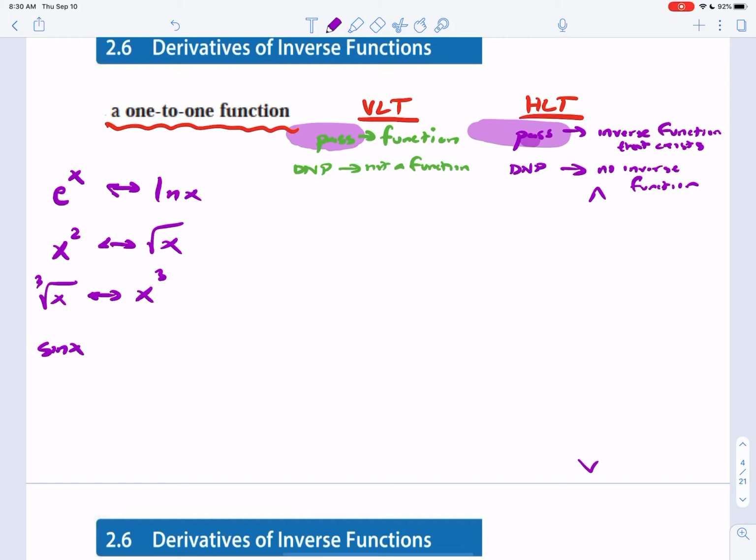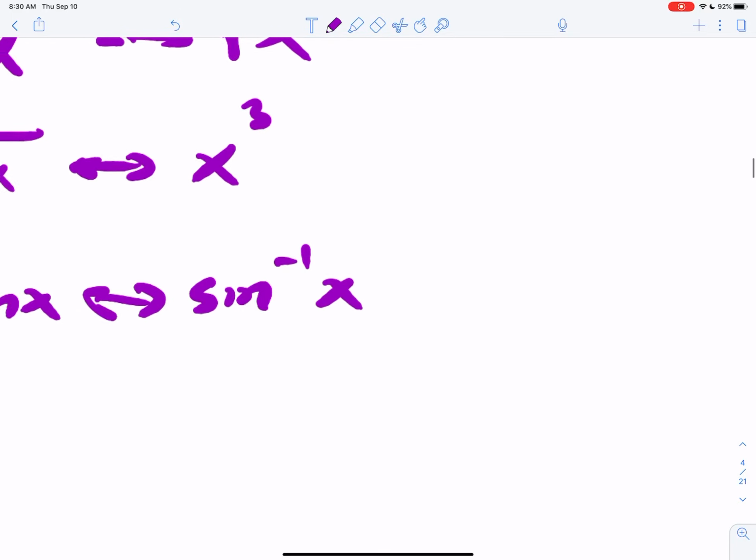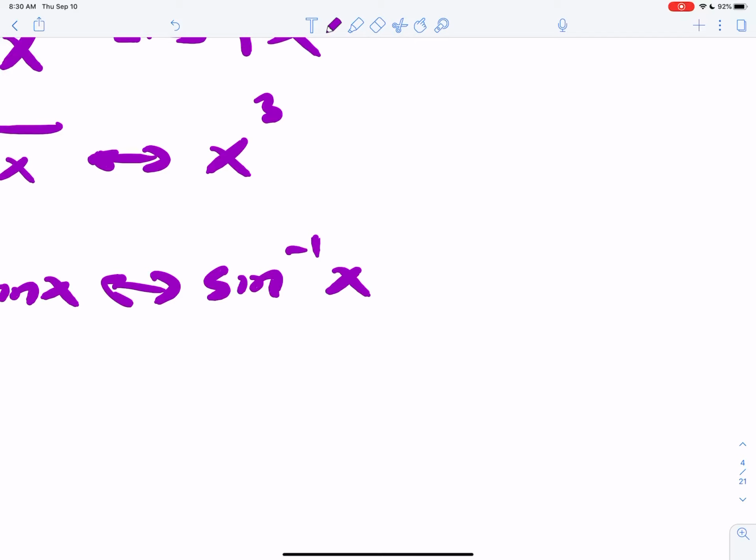The inverse of sine is sine inverse of x. When it looks like an exponent of -1, you don't say sine to the -1 of x, you just say sine inverse of x. And it's not sin. Please don't say sin.